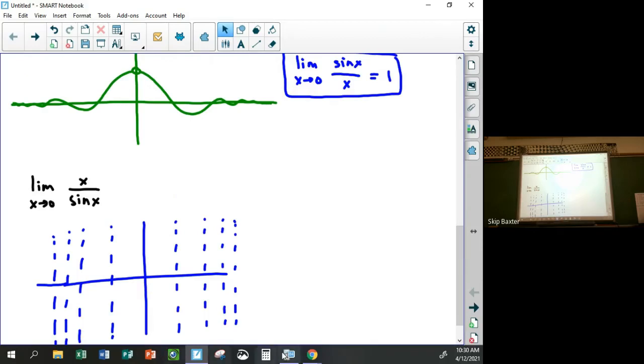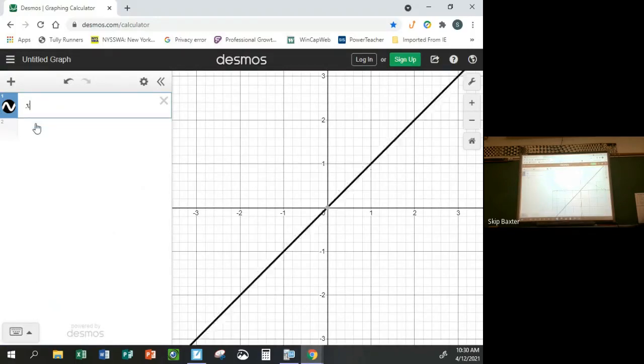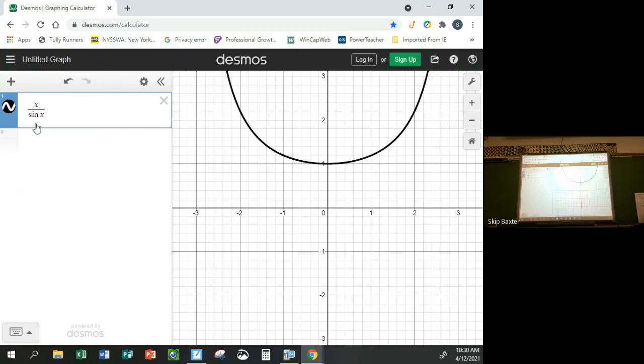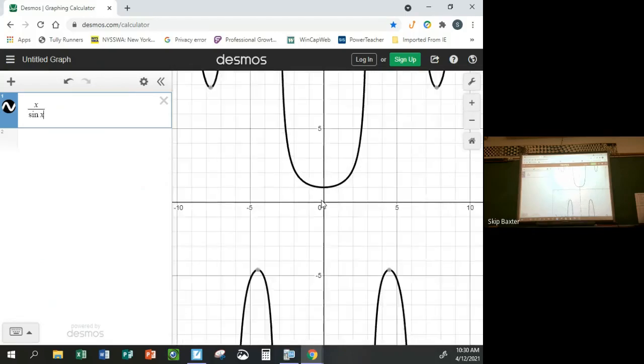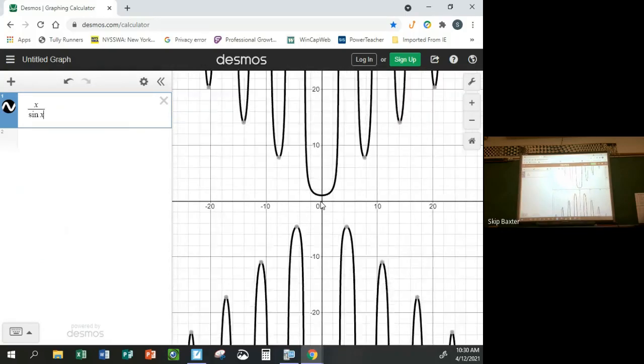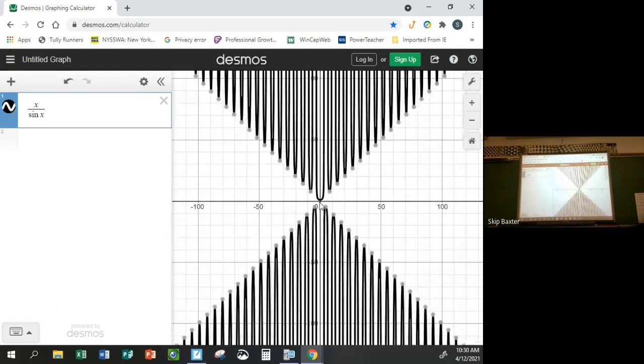So if I go back to Desmos and I graph x over sine x, not that interesting from this view, but if I zoom out, you can see it's kind of like what I described. It just kind of looks like that situation.